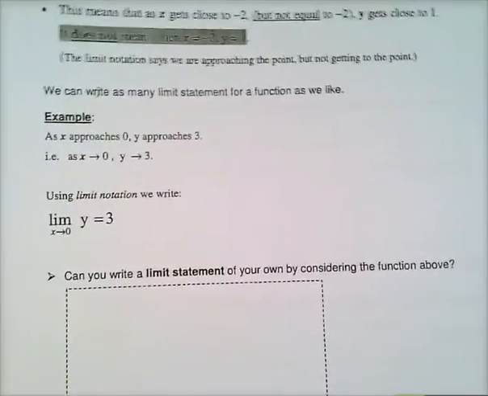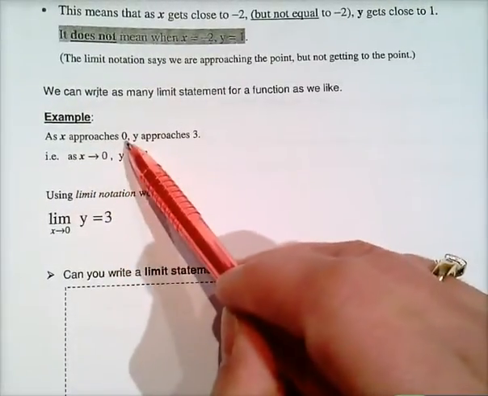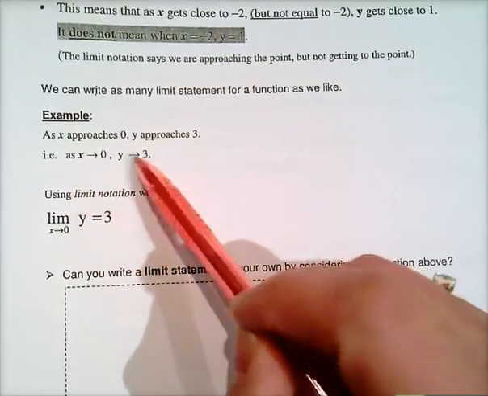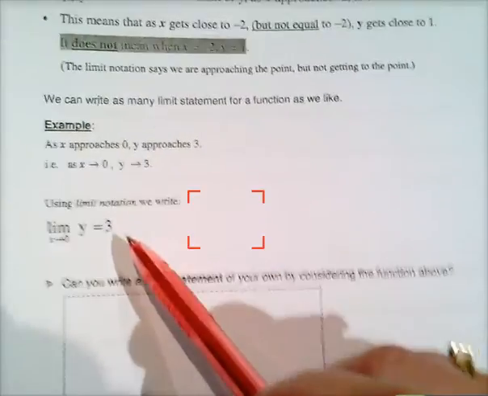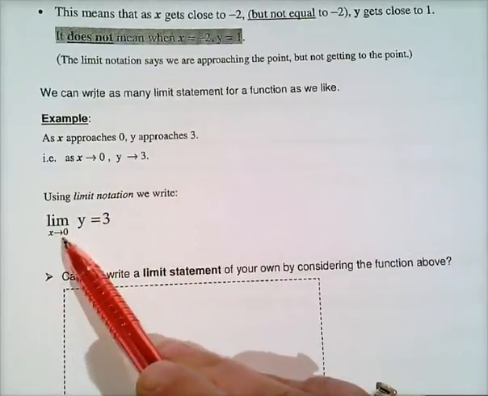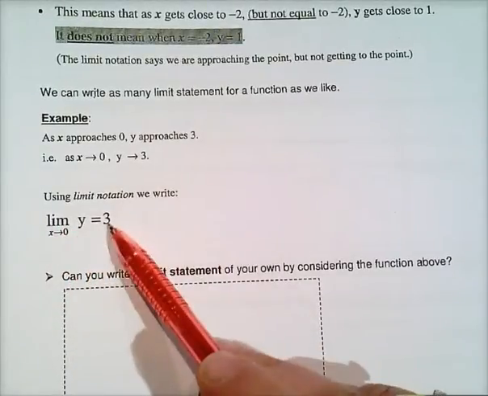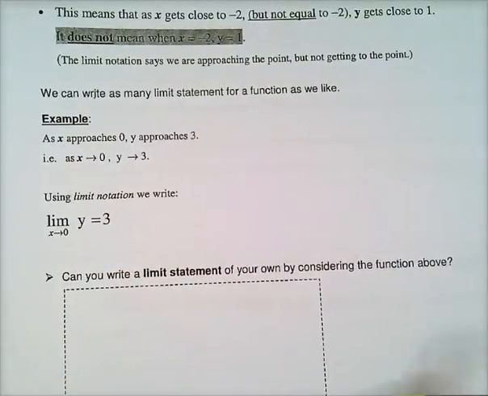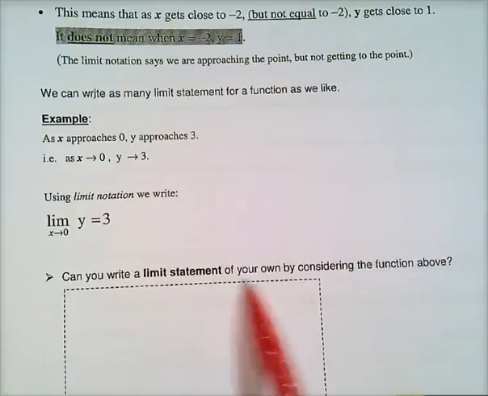Now, an example. As x approaches 0, y approaches 3. We write that using limit notation as follows. The limit as x approaches 0 of y is y equals 3. So it says, can we write a limit statement of our own by considering this function above?